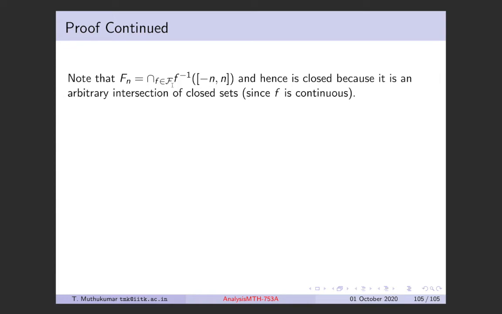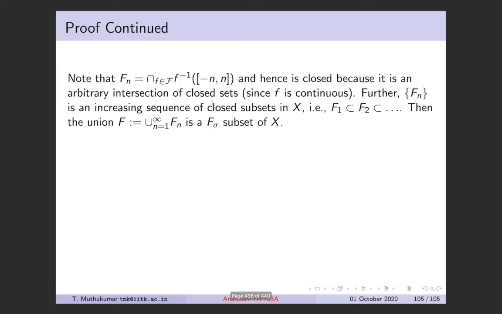Now because f is a continuous function, [-n, n] is a closed set, its inverse image of a closed set is a closed set, and this is an arbitrary intersection of closed sets, which is a closed set. So Fn is a closed set. And also Fn is an increasing sequence of closed sets, right?